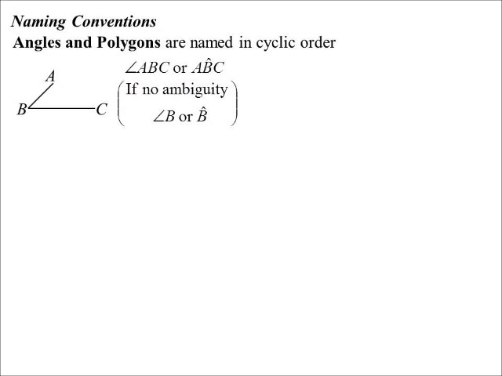If I had vertically opposite angles and said I'm talking about the angle C, well, that's ambiguous. There's four different angles I could be talking about, so I wouldn't use that notation in that situation. I would name it ACB or ECA, depending on which one I'm talking about. But if there's no mistake about which angle, then you can just use the vertex.